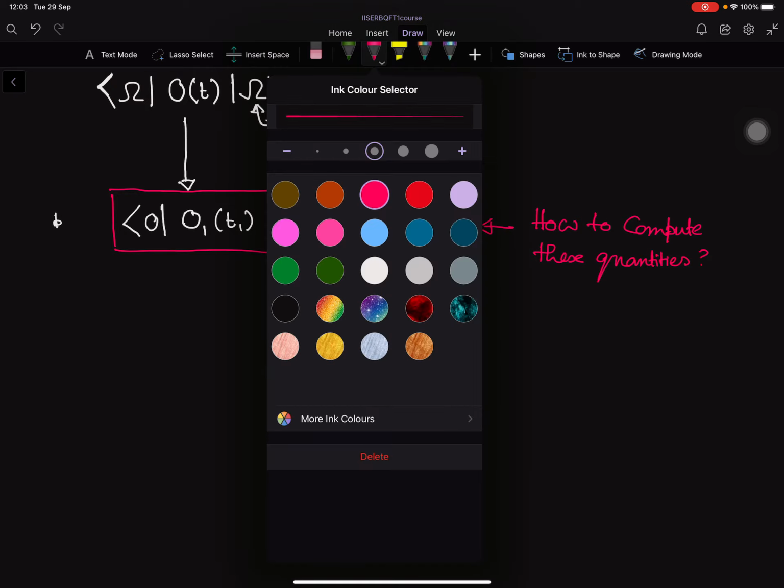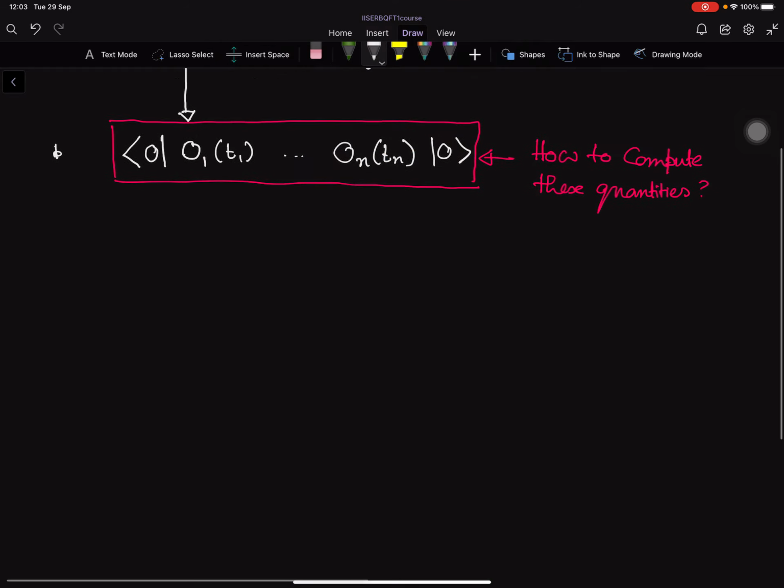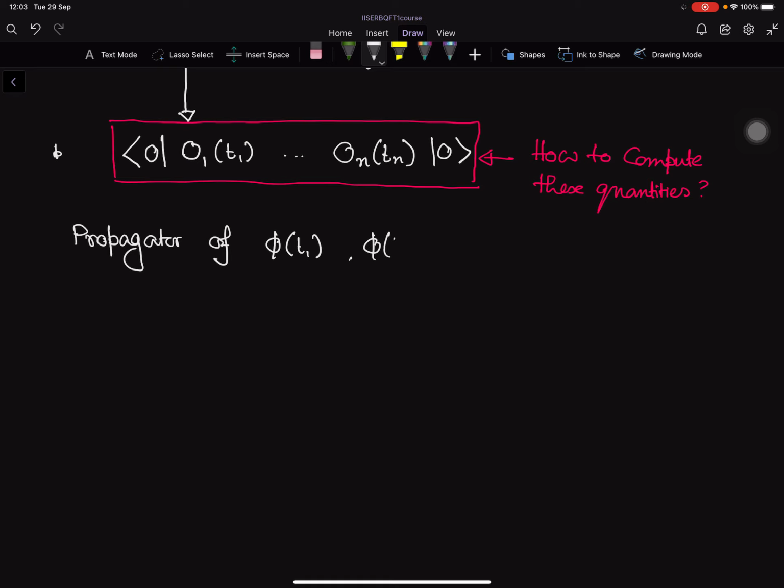And then also in the previous lecture we discussed something called the propagator of two phi fields. So this is simply just the 2-point function.